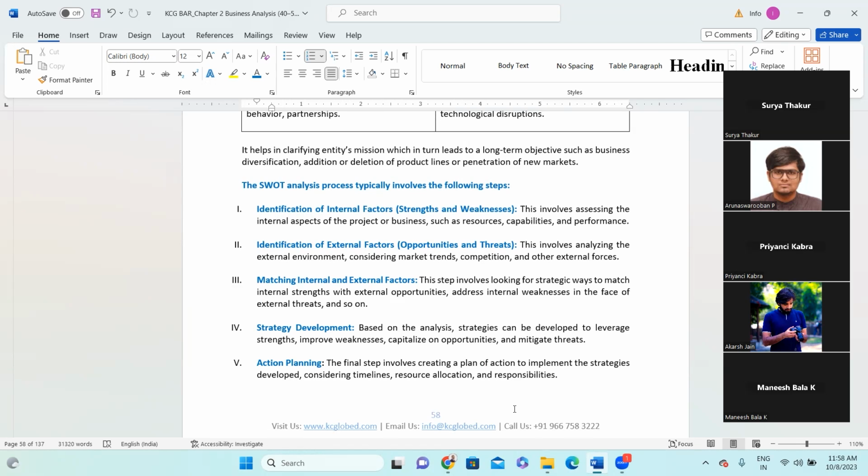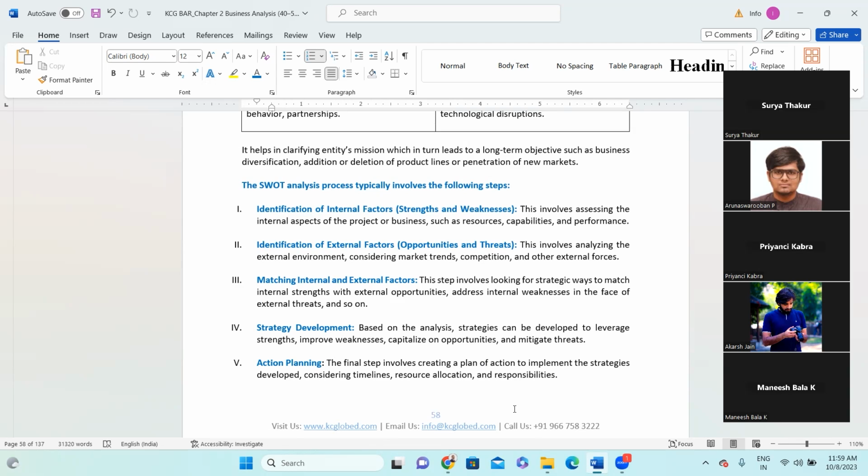Then matching the internal and external factors. That's the third step. This step involves looking for strategic ways to match internal strengths with external opportunities and address the internal weaknesses in the face of external threats, and so on. Fourth step is strategic development. Based on the analysis, strategies can be developed to leverage the strengths and improve the weaknesses.